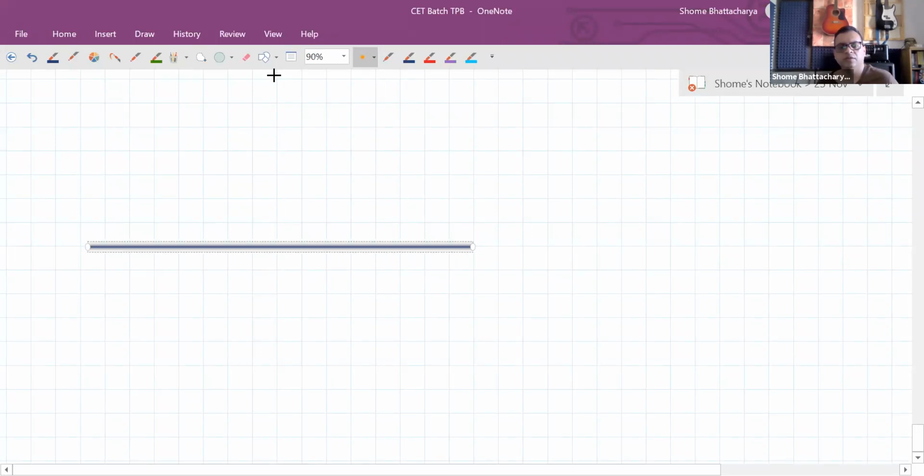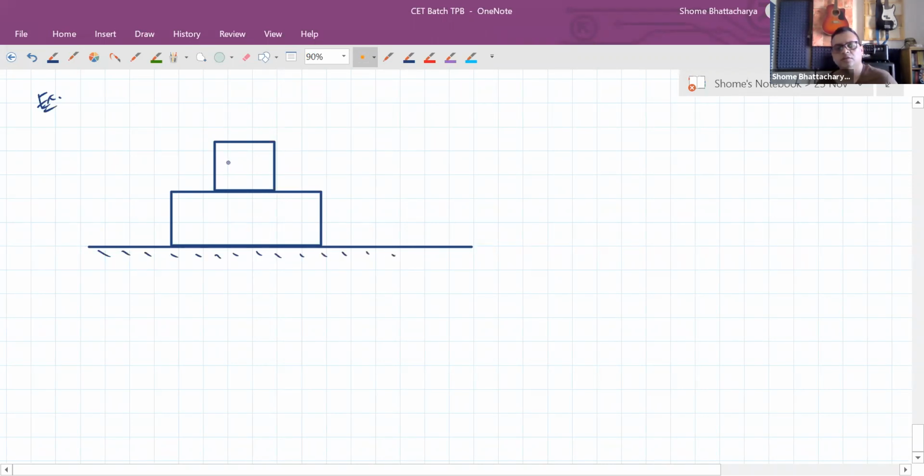Suppose we have again a horizontal surface with a block on top of it, but this time there is another block stacked on top of this one. So we have this kind of situation. You can see that there are two surfaces of contact. One is between the block A and the block B, and then there is also one between the block B and the ground.